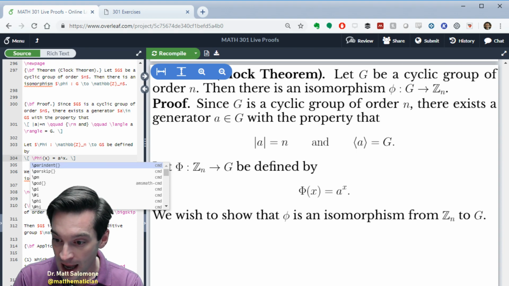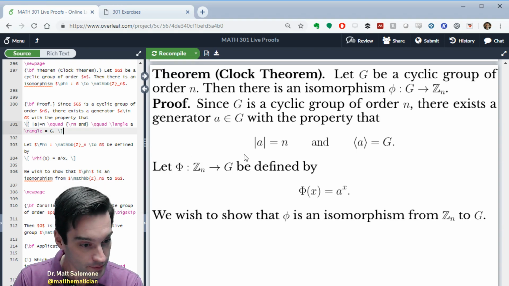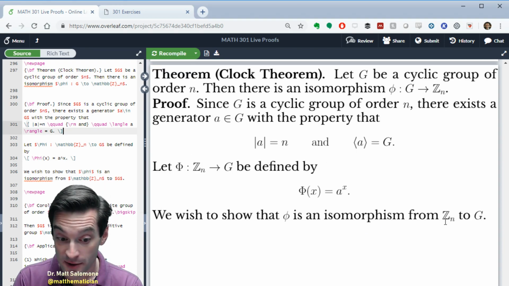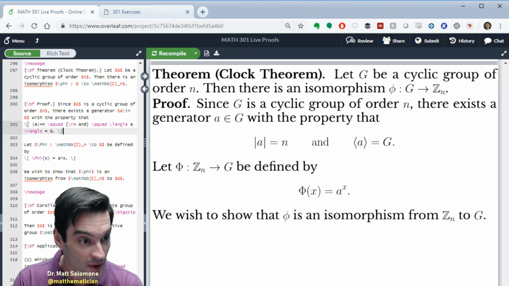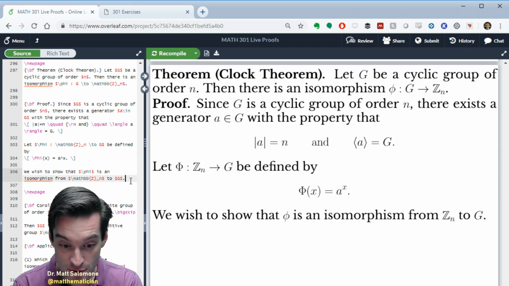And if I call this a capital letter Phi, now I have to explain to the reader why an isomorphism from Zn to G guarantees the existence of an isomorphism from G to Zn. Why does it go both ways? Well, it's going to go both ways because isomorphism is a symmetric relation.